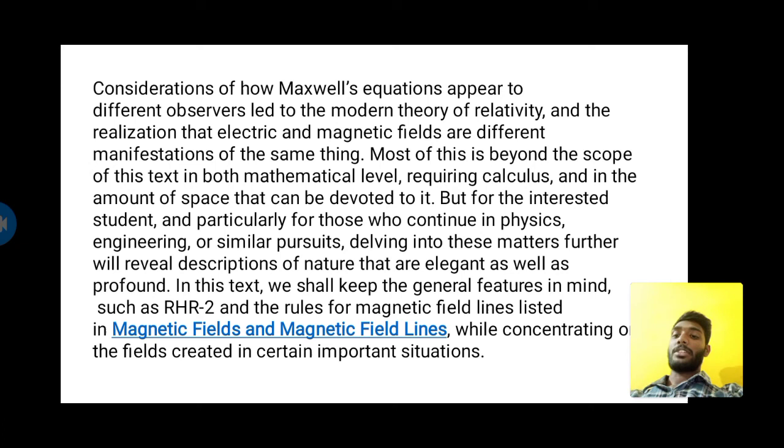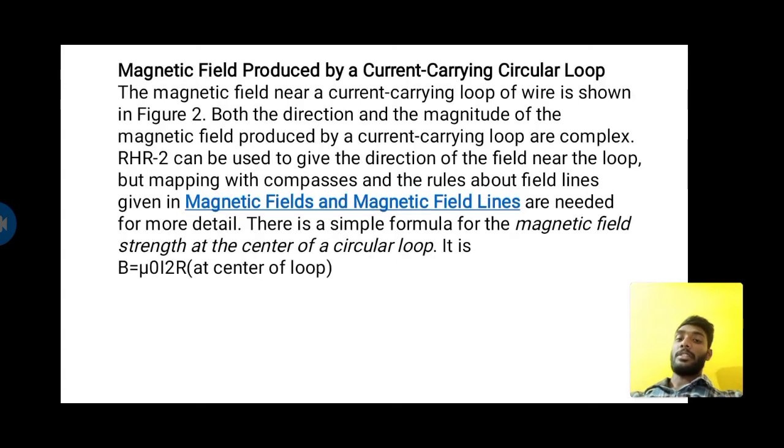But for interested students, and particularly for those who continue in physics, engineering, or similar pursuits, delving into this matter further will reveal a description of nature that is elegant as well as profound. In this text, we shall keep the general features in mind, such as RHR2 and the rules of magnetic field lines listed in magnetic fields and magnetic field lines, while concentrating on the field creating important situations.